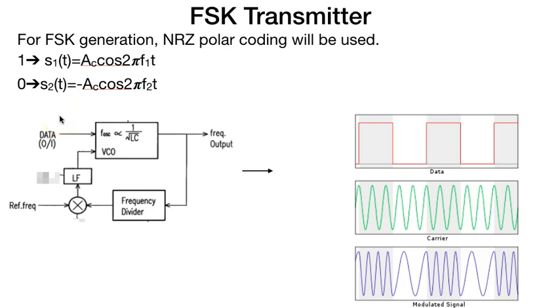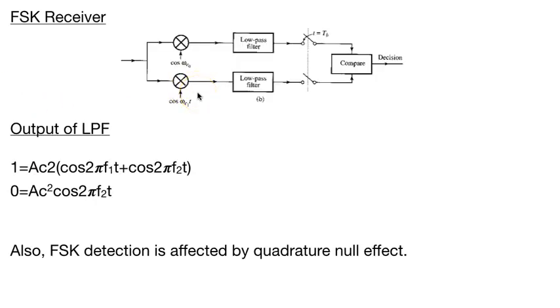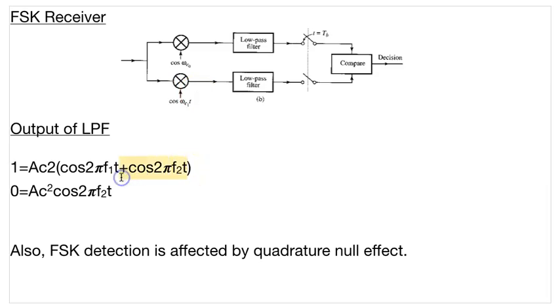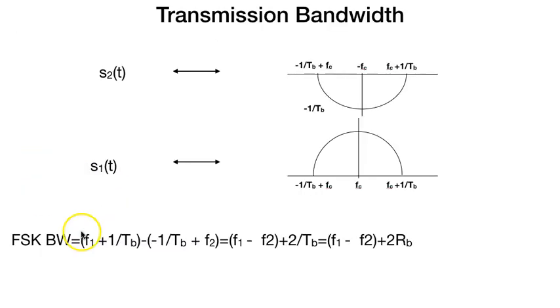Two different frequencies are used to represent the data. The output will be Ac² cos 2πf1t cos 2πf2t, and the bandwidth will be f1 minus f2 plus 2Rb.